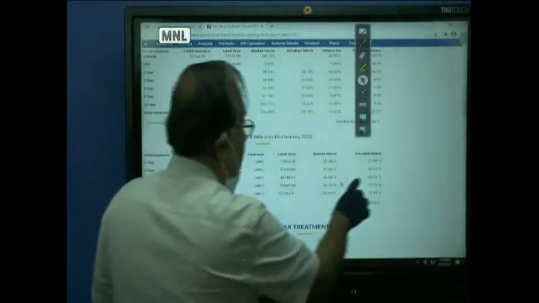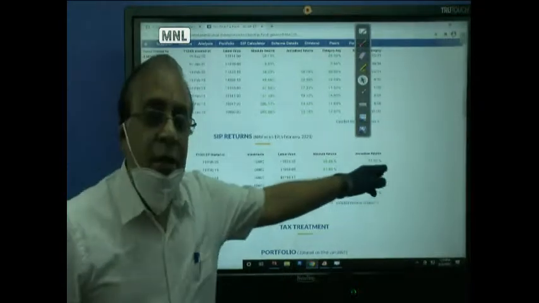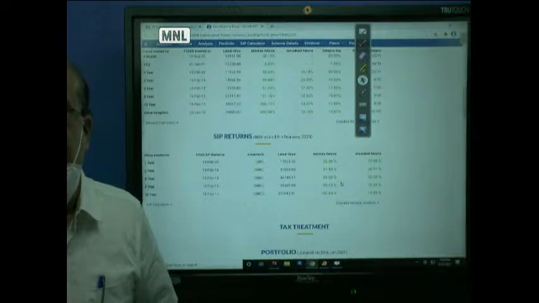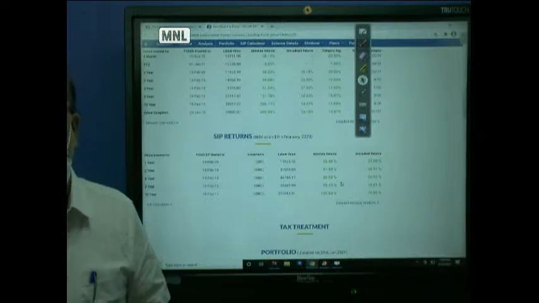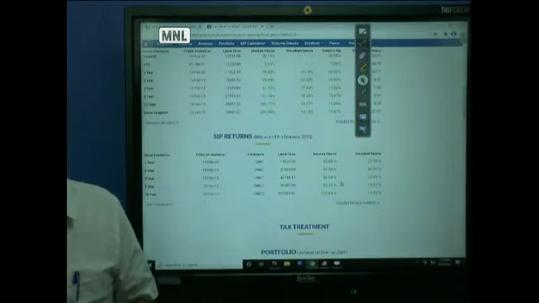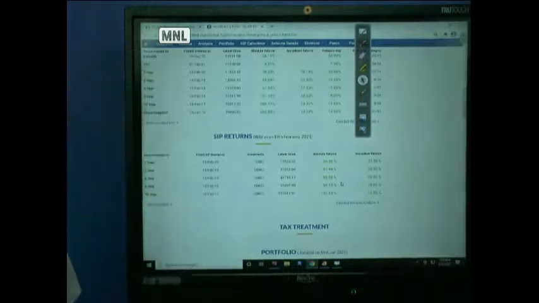This 3 year return of 22% on an SIP scheme is much higher than the return of the same fund over a period of 3 years if you invested in one parcel, where probably the return would have been only something like 15-16%. But an SIP over a period of 3 years would have given you something like 22%.